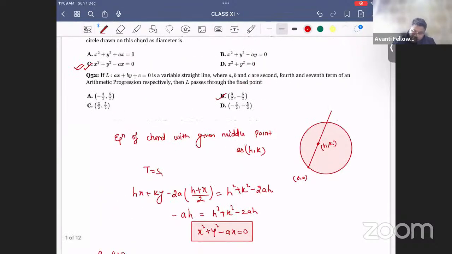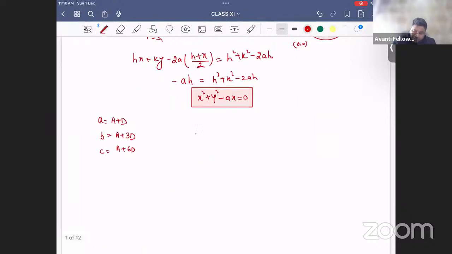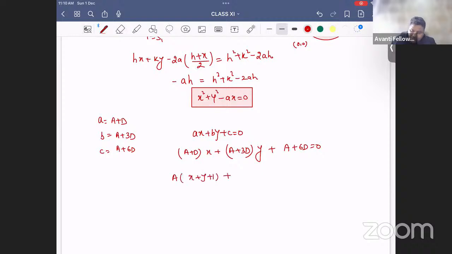Now the line they are talking about is ax plus by plus c equals to 0. So that is (A plus d) times x, (A plus 3d) times y plus (A plus 6d) equals to 0. Now take A common, it is x plus y plus 1. Take d common, it is x plus 3y plus 6 equals to 0.